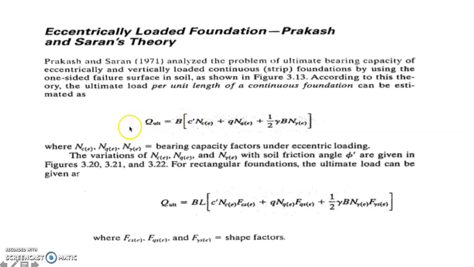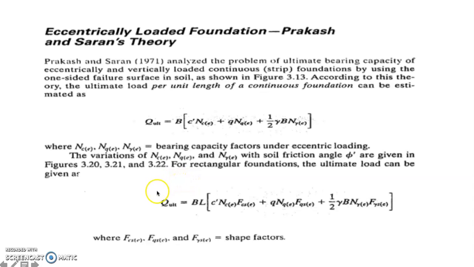According to this theory, the ultimate load per unit length of the continuous foundation can be estimated using this expression. This is the equation for the ultimate bearing capacity according to the theory of Prakash and Saran, where you have N sub C, N sub Q, and N sub gamma. These are the bearing capacity factors for eccentric loading.